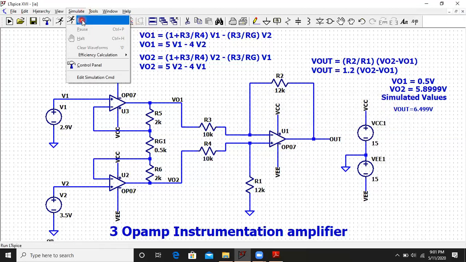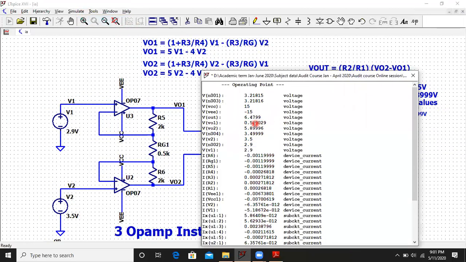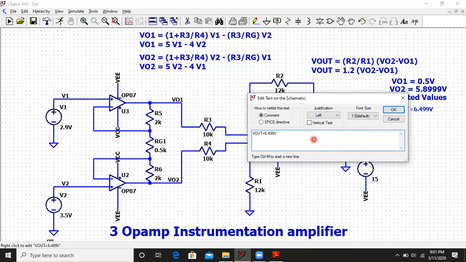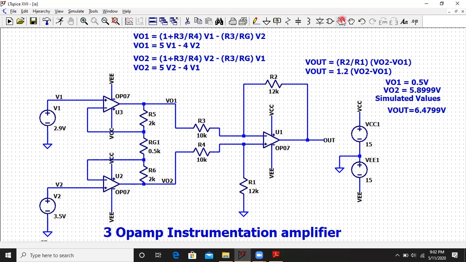Let us check it again. 6.4799, sorry. So it's 6.4799, it is actually. Okay, so now let us check these values with a formula. These are the values which we are getting from the LT spice simulation.